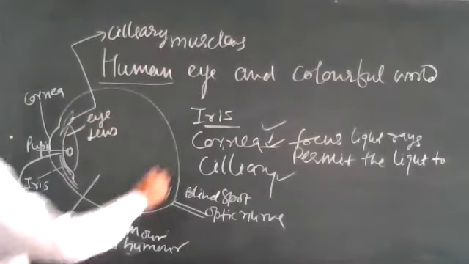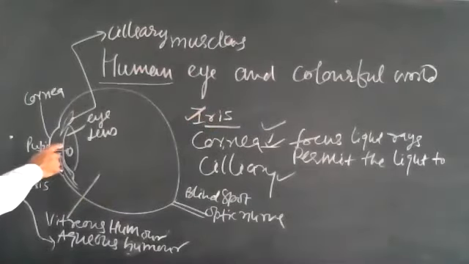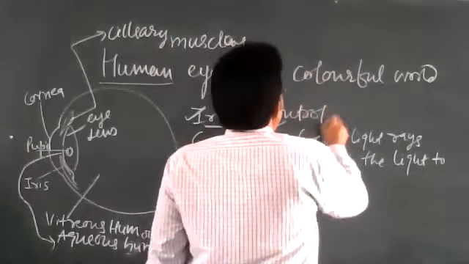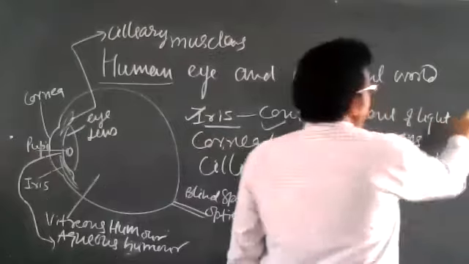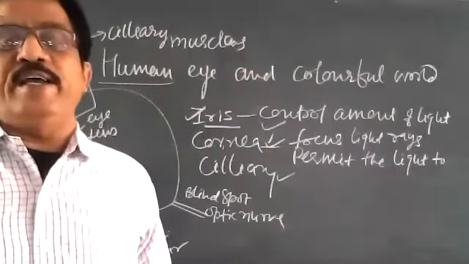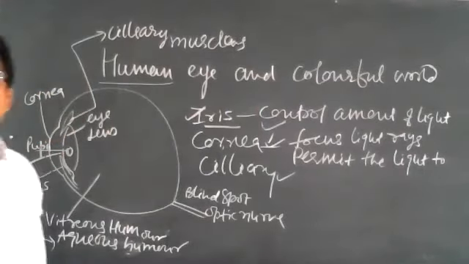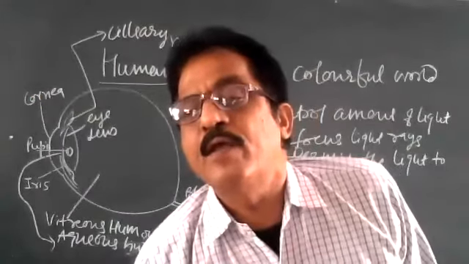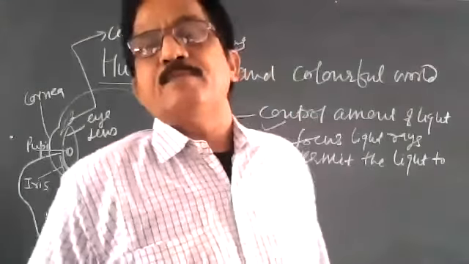Then what is the function of the iris? It controls the amount of light entering the eye, that is, how much light to allow inside is the part of the iris. It also controls the size of the pupil.